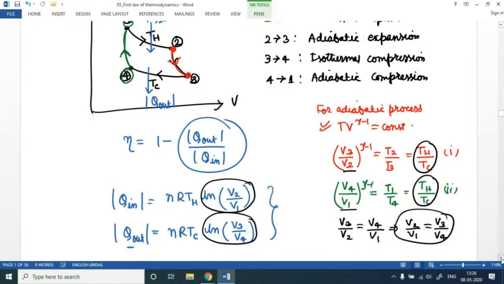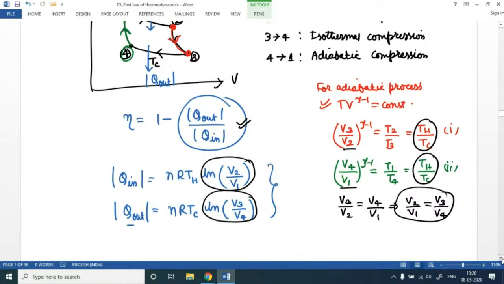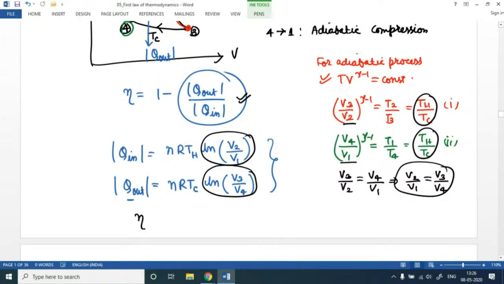So when you take the ratio, this term will get cancelled, and nR obviously will get cancelled as well. So eta you will be getting as 1 minus Tc by Th. So that is the efficiency of a Carnot cycle. Let me also tell you a little bit about the second law of thermodynamics.